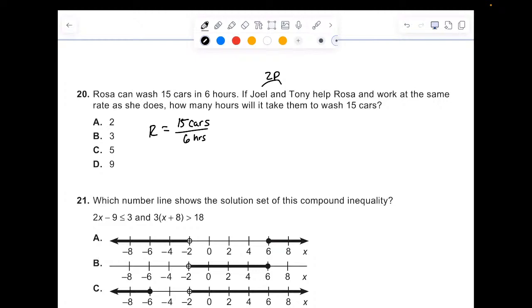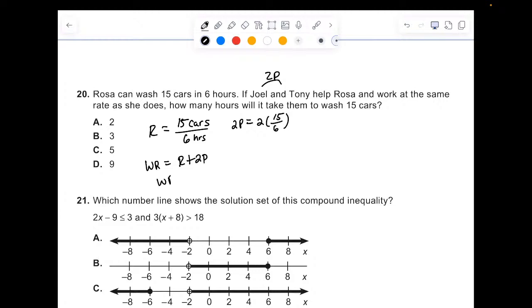So the work rate, this is just the chemistry way of solving it, is going to be equal to R plus 2p, where 2p is equal to 2 times 15 over 6.